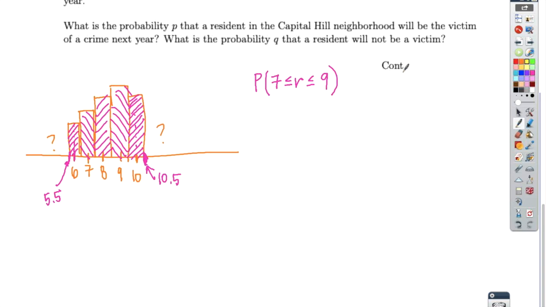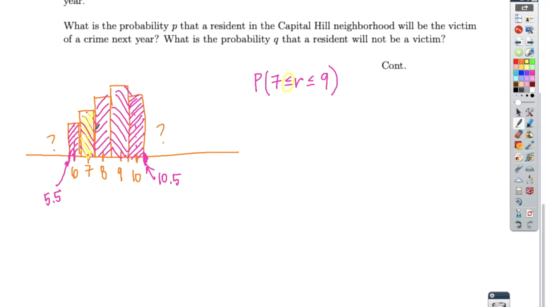Again, I need to look at these symbols really closely. When it says R is greater than or equal to 7, or 7 is less than or equal to R, what this is telling me is I want to include this bar above 7.